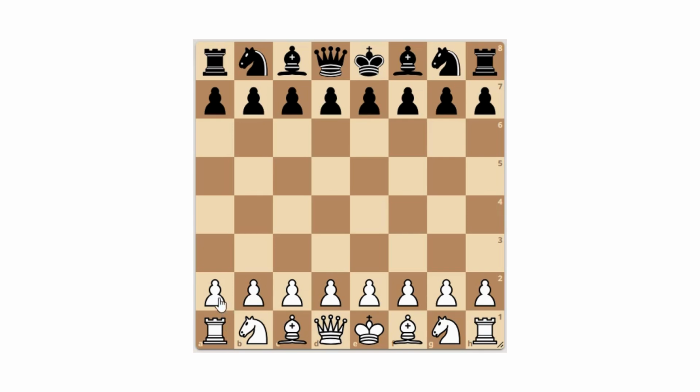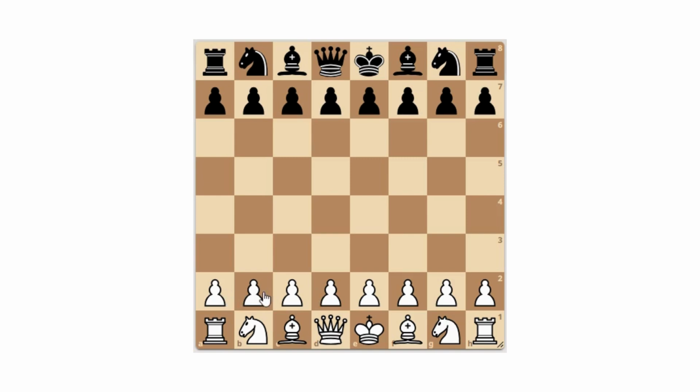There are 6 types of pieces. Okay. So these in the front line, there are 1, 2, 3, 4, 5, 6, 7, 8. They are called pawns. Pawn.